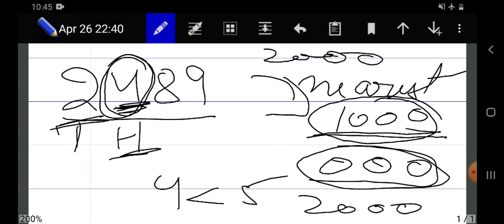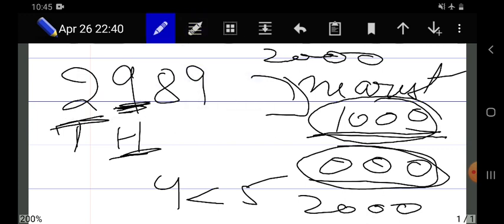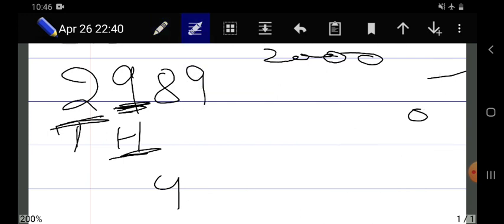Suppose the number was 2989 and we have to estimate it to the nearest thousand.